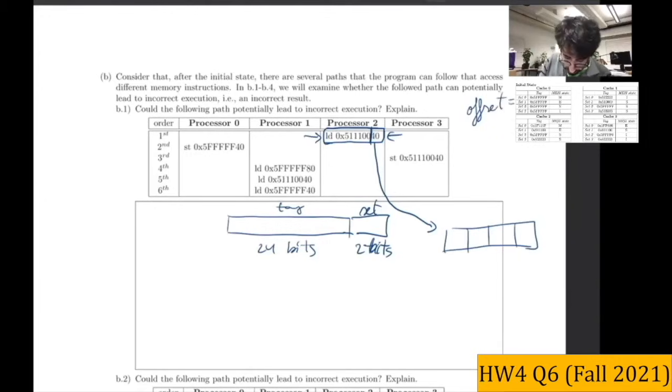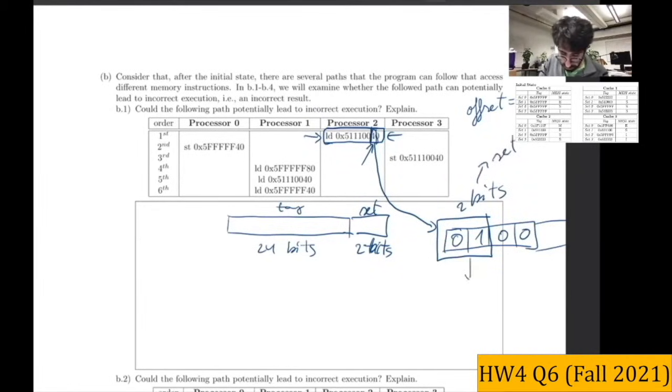So if we see this byte here that contains the tag, we have a 4. This is basically 1, 0, 0, 0, and these 2 first bits are the bits that represent the set. So basically we are in set 1 here. Okay, let's check.